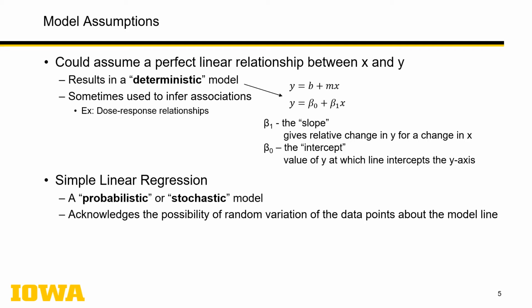If that's the case, then there needs to be some component of the model that adds in this randomness, and it's what they refer to as a probabilistic or stochastic model, which acknowledges the possibility that there is random variation in the data points about the model line. And so it looks like this, which is not much different from what we see above. You can see it's the deterministic model with an additional component tacked on, we call it eta, which incorporates the random variation.